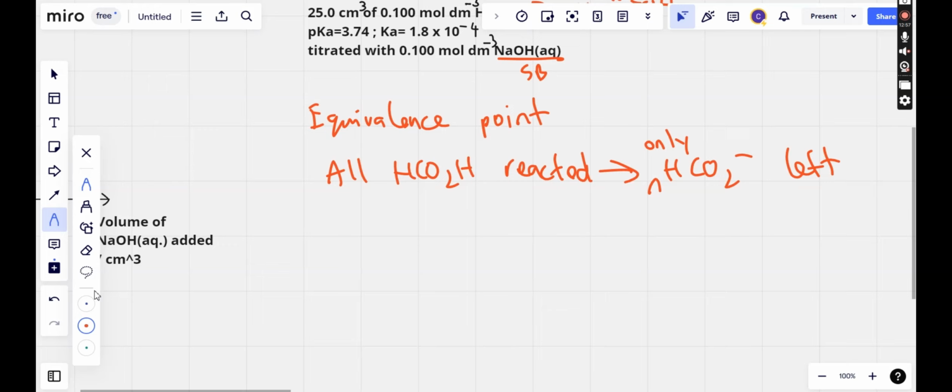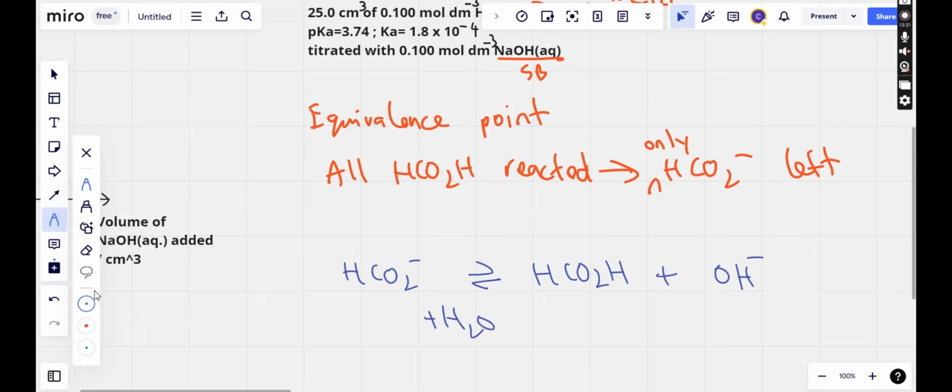So at this stage, the conjugate base will react with water, will dissociate to form back your acid and to form OH minus. This equation would make more sense if you add in the water here, because if not, the equation wouldn't be balanced.